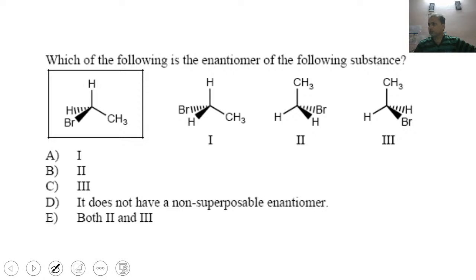Okay, see this question. When we were talking about stereoisomers and diastereomers, the question is which of the following is enantiomeric? This is your compound and you have to find out which one is the enantiomer of this one. I will finish this question because Mercy has asked, and then I will leave it.